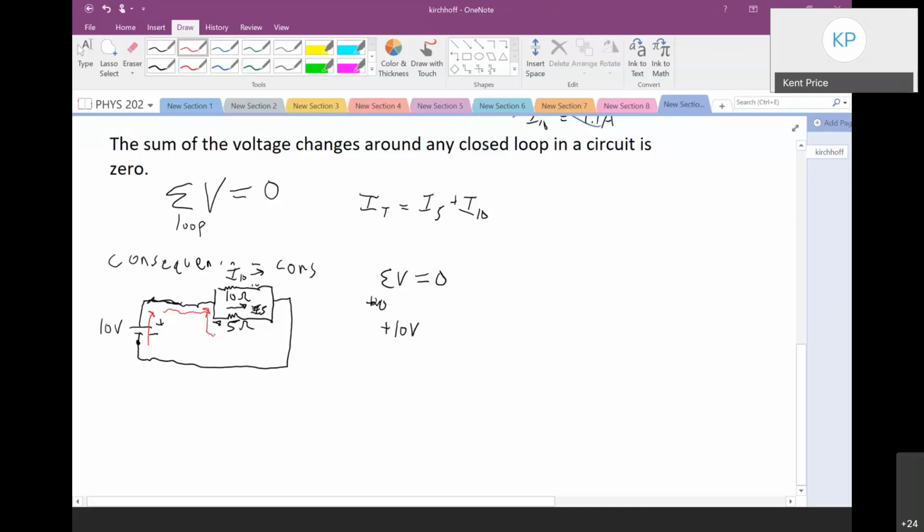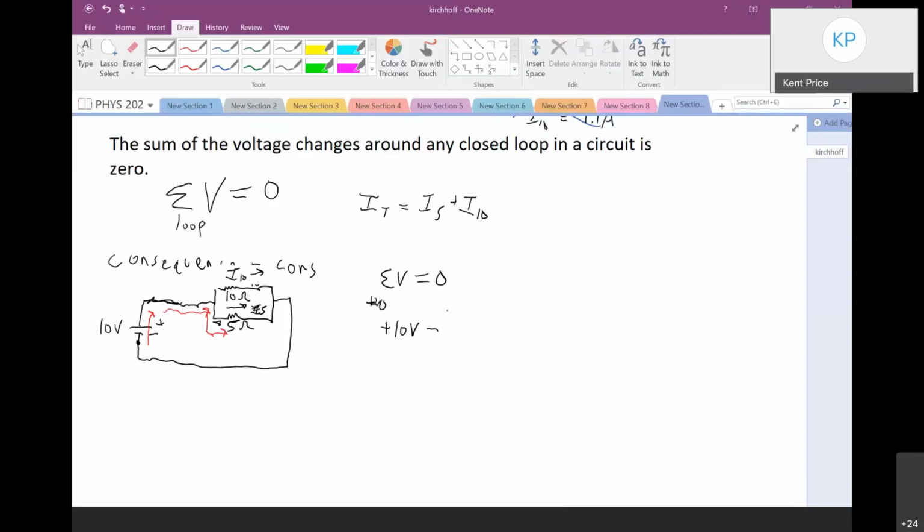Now I get to a waterfall. Think of resistors as waterfalls because there the voltage decreases. So I get minus, because I'm going down the waterfall, in the direction that the current is going, by the way. So that's minus.